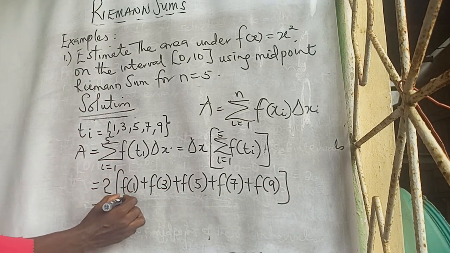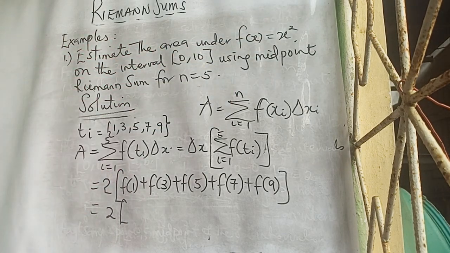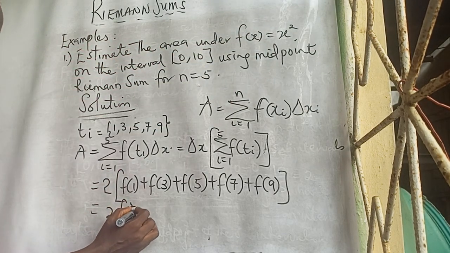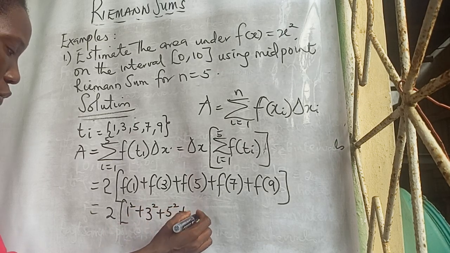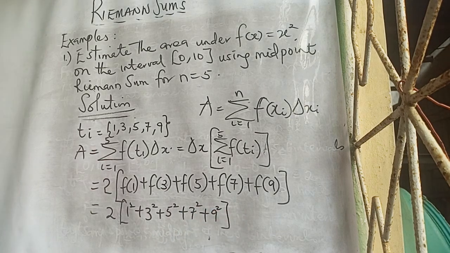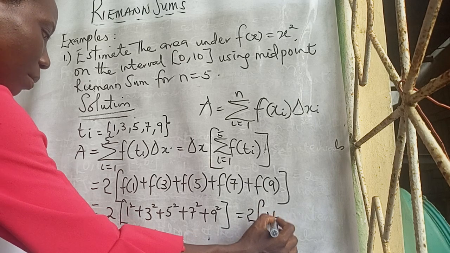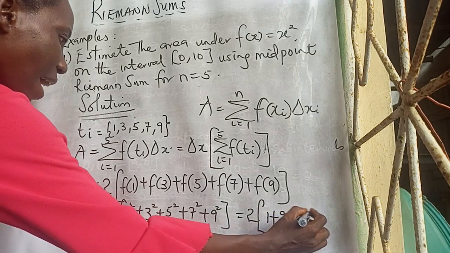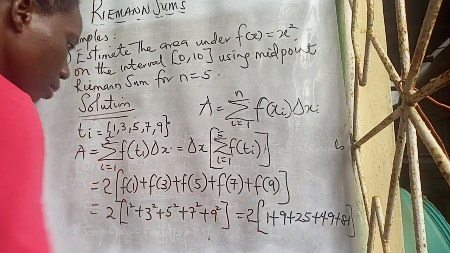And that gives us 2 times f of 1. Remember our f of x is x squared. This gives us 1 raised to power 2 plus 3 to power 2 plus 5 to power 2 plus 7 to power 2 plus 9 to power 2. And that gives us 2 into 1 plus 9 plus 25 plus 49 plus 81.